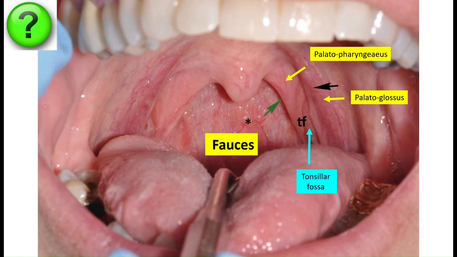And the gate, the space between the posterior part of the mouth opening into the oropharynx, is called the fauces.